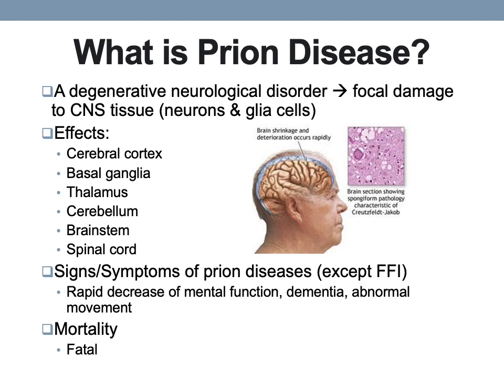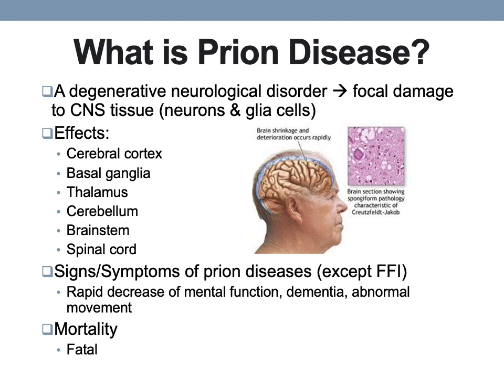So what is Prion disease? It is a degenerative neurological disorder that can lead to focal damage of central nervous system tissue, causing the death of neurons and glial cells. It affects the cerebral cortex, basal ganglia, the thalamus, the cerebellum, the brainstem, the spinal cord. There is no CNS tissue that prions cannot affect.